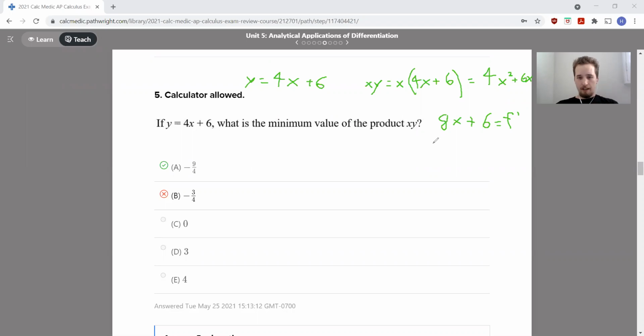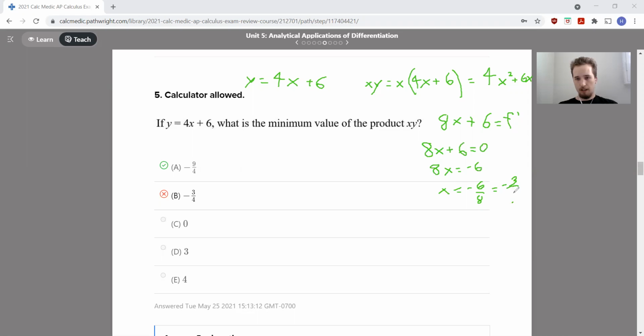So we want to find where this is equal to 0 to find any critical points. So 8x plus 6 must equal 0. So we get 8x equals negative 6, and then x is equal to negative 6 over 8, when we divide the 8 over, which is equal to negative 3 over 4.